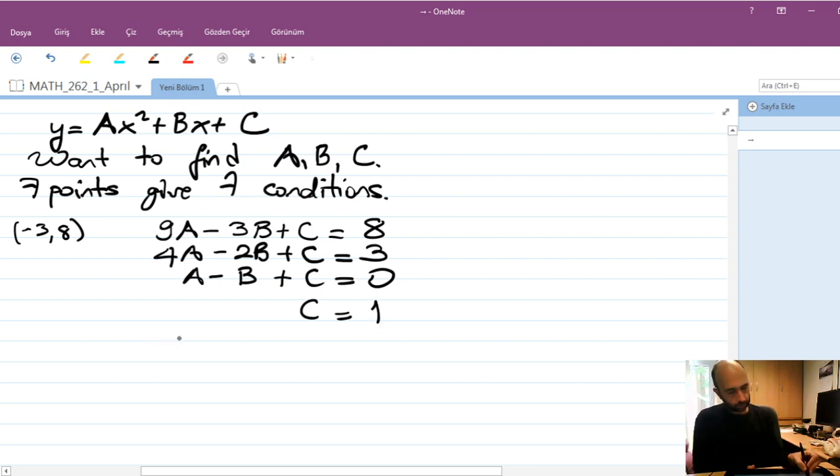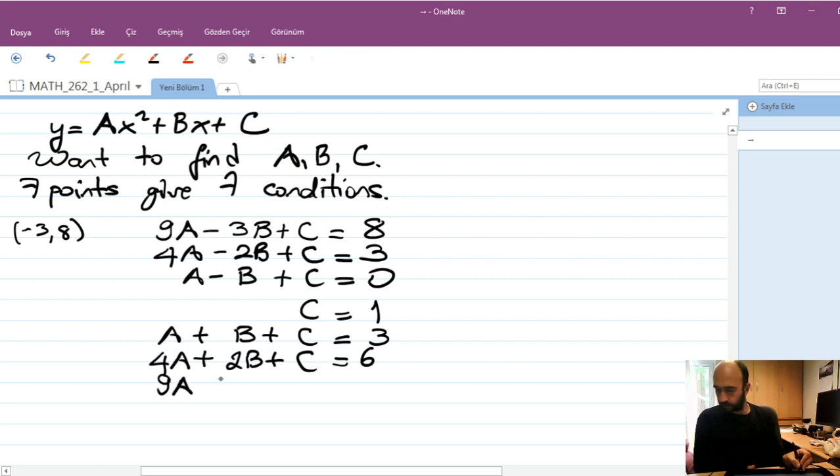Then a plus b plus c is 3. 4a plus 2b plus c is 6. And 9a plus 3b plus c equals 15.